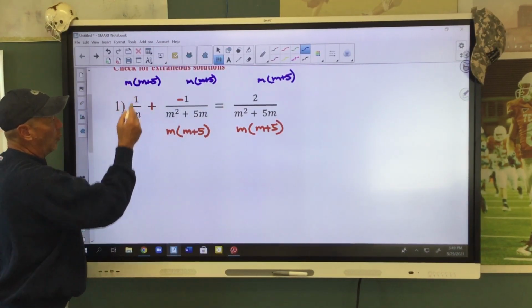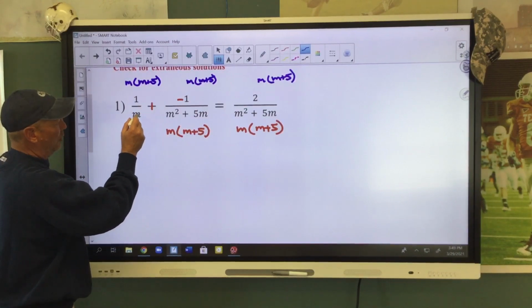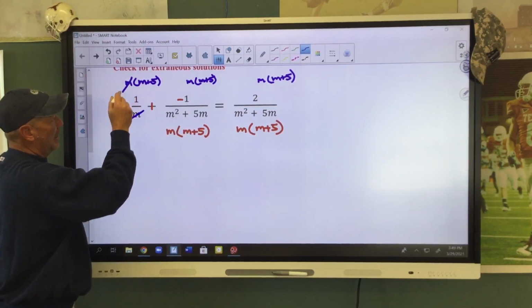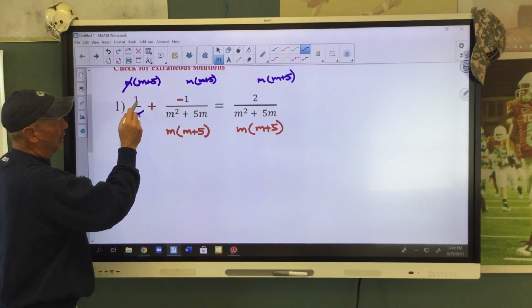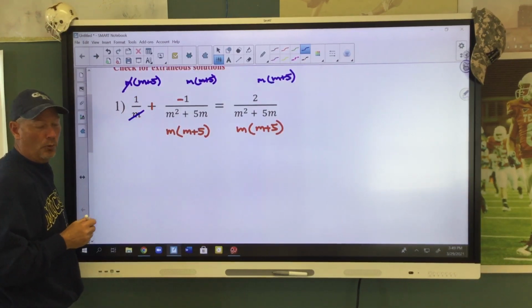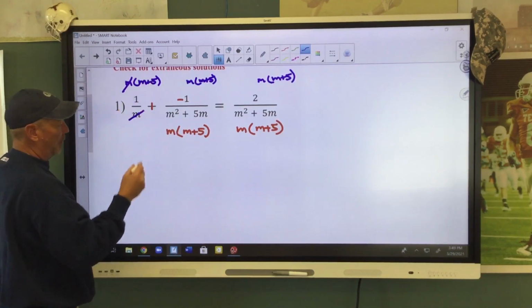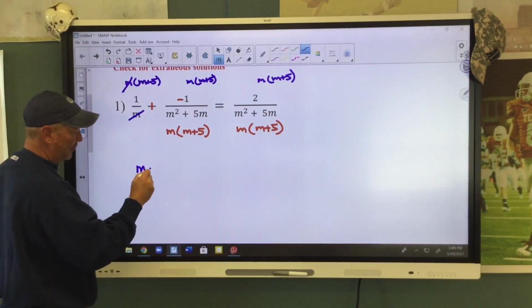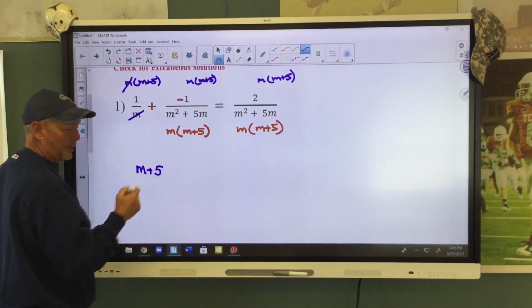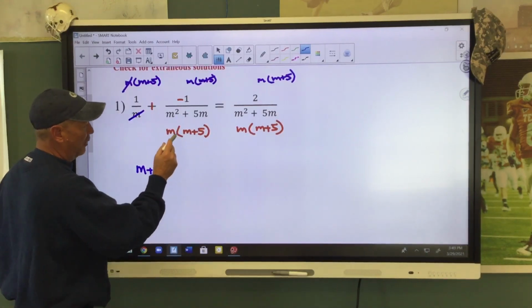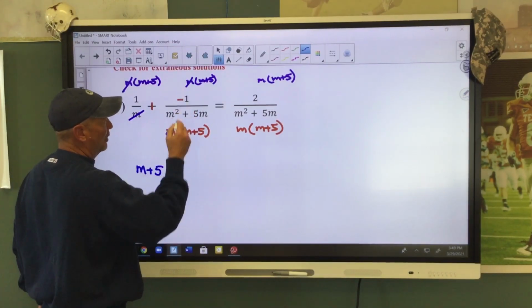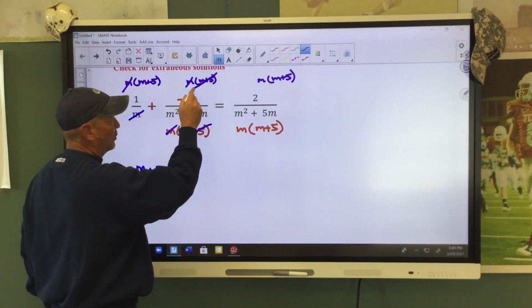So we're going to cancel the m's, and I'm left with 1 times m plus 1 times m plus 5, and 1 times m plus 5 is m plus 5. Here, the m's cancel, the m plus 5 cancels.